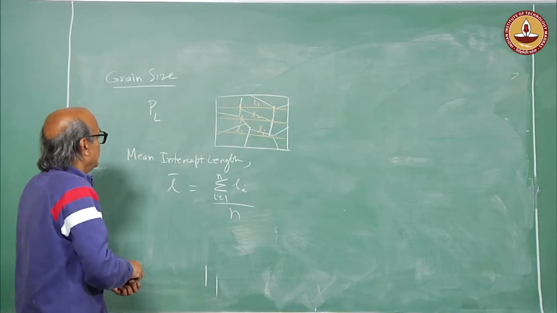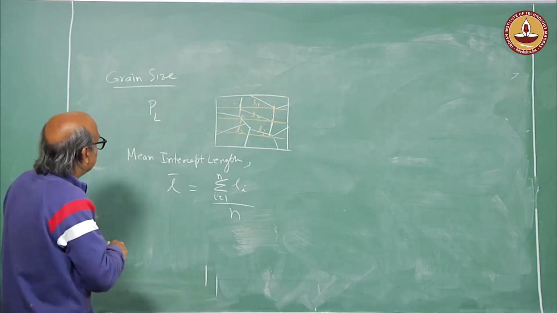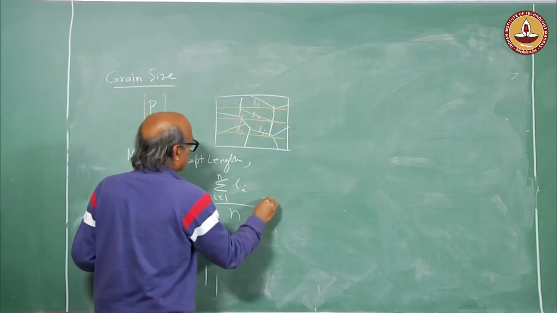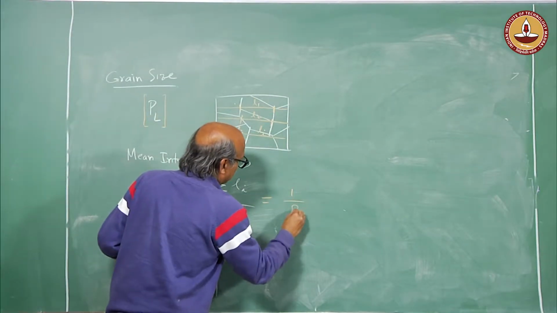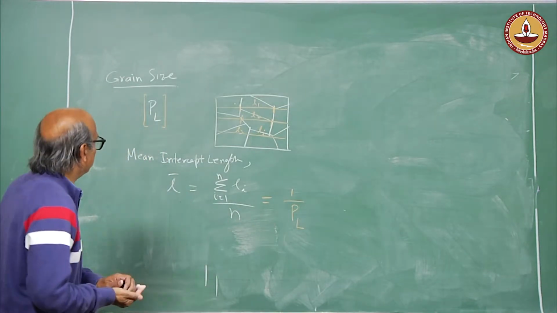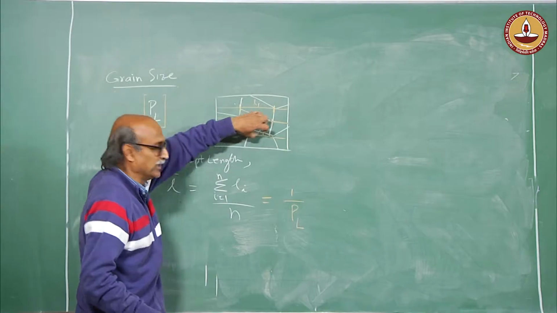Now, this should be very clear that if I measure PL, then the mean intercept length would be simply 1 upon PL. So, I do not have to go and measure these individual lengths.